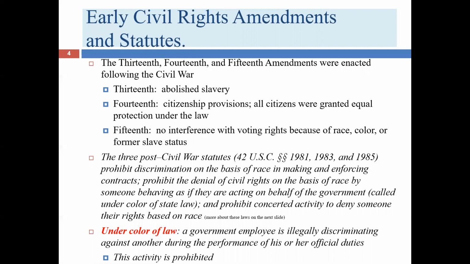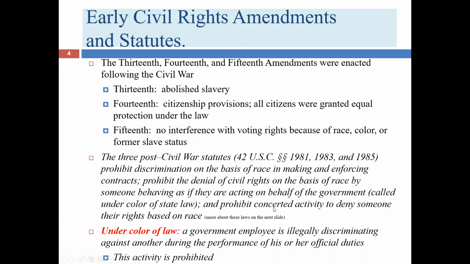Anyway, they prohibited discrimination based upon race in the making of contracts. That was the first one, 1981. And they also prohibited anyone in a governmental position discriminating, not just specifically about certain types of discrimination relating to race. That's Section 1983.